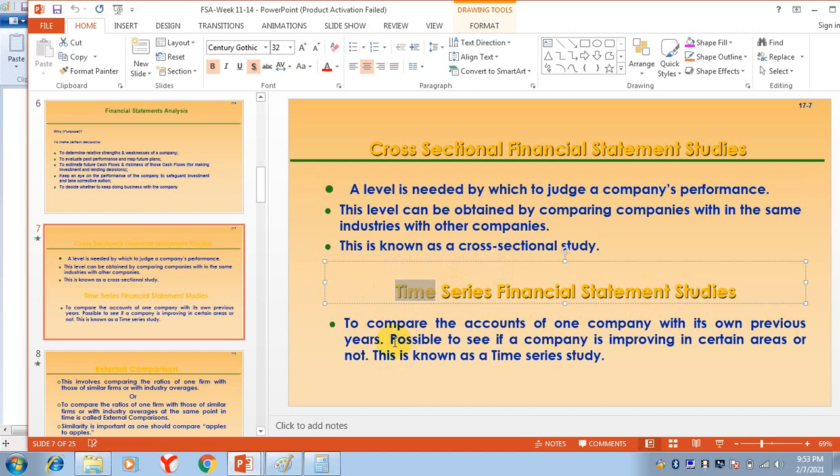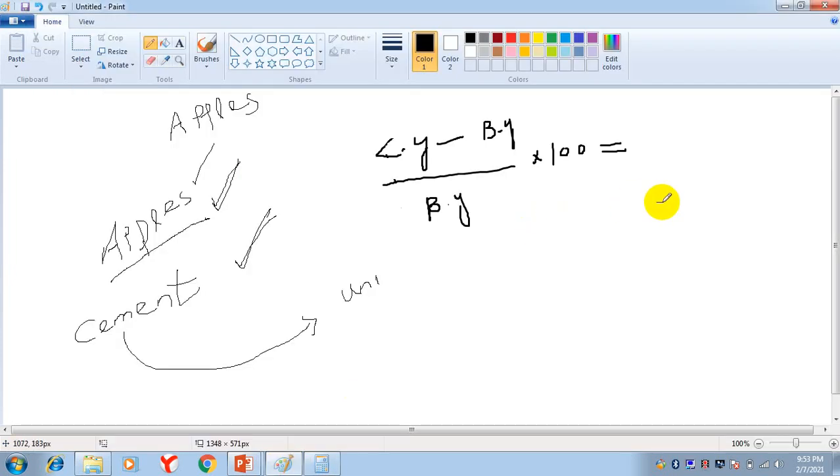Time series means comparing your performance with your own performance in the past, like 2016, 2017, 2018, like this. And suppose this is your current performance, 2019.